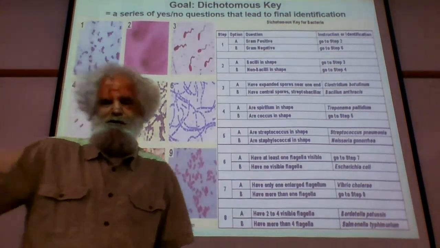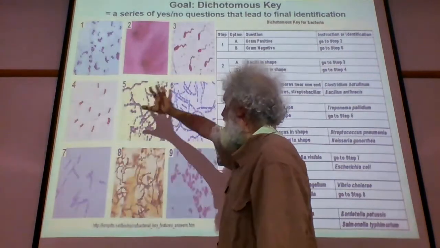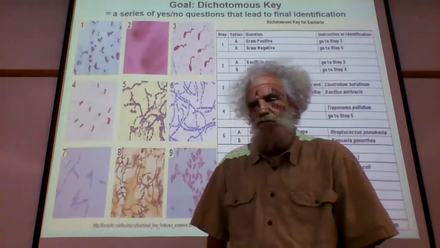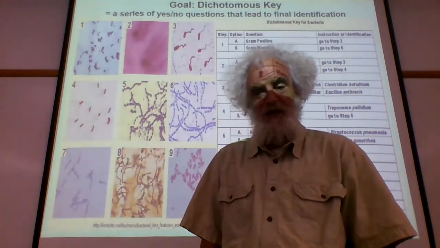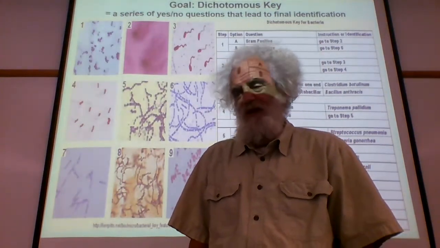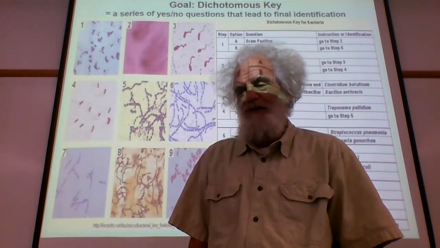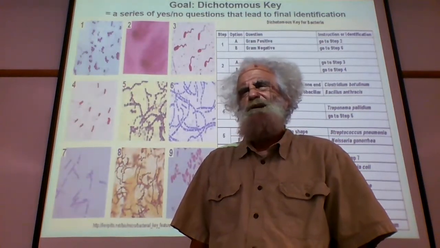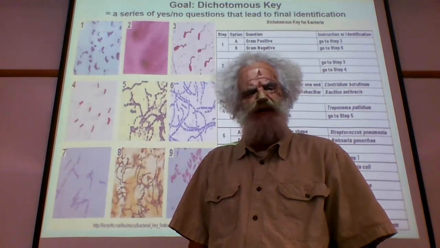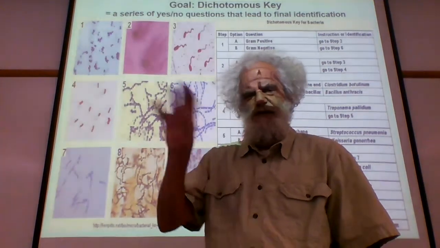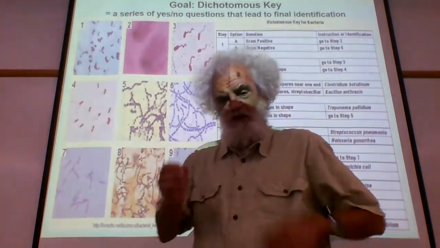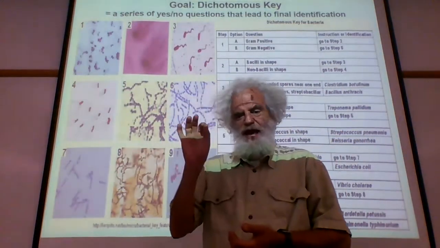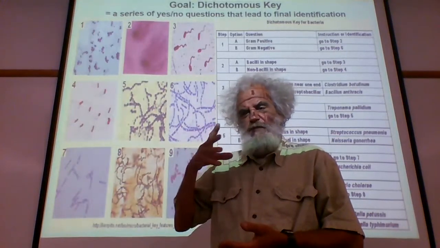What you're looking at here in this set of panels is all light micrographs, meaning that this is taken with a light microscope. And so we can get up to about 1,000x in terms of magnification, which is good enough to be able to see bacteria at a moderate level.